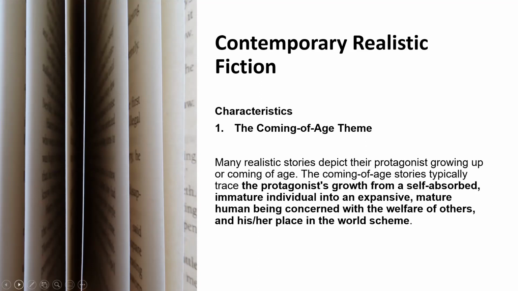One perfect example is the story that I asked you to watch, Inside Out. The main character there has a check mark in this part, the coming of age theme. That is one theme of the story: from immature to being mature enough to understand what is happening around her.